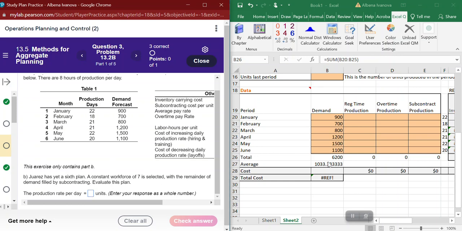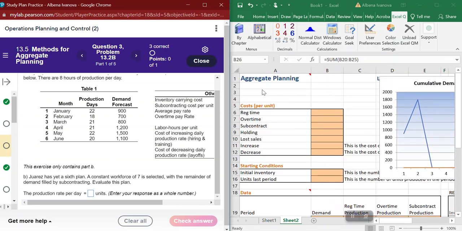So if we have 7 people, and they work 8 hours per day, so we have 8 hours by 7 people, 8 hours multiplied by number of people, 56 labor hours in one day.